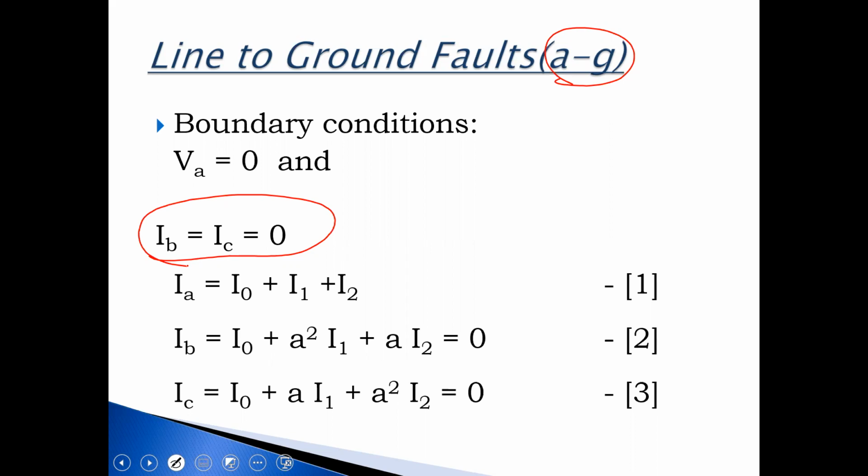So what we know must exist is that IA is faulted. We don't know what that current is, but we know that VA would be equal to 0, and IB and IC are equal to 0. So we have now set them equal to 0.